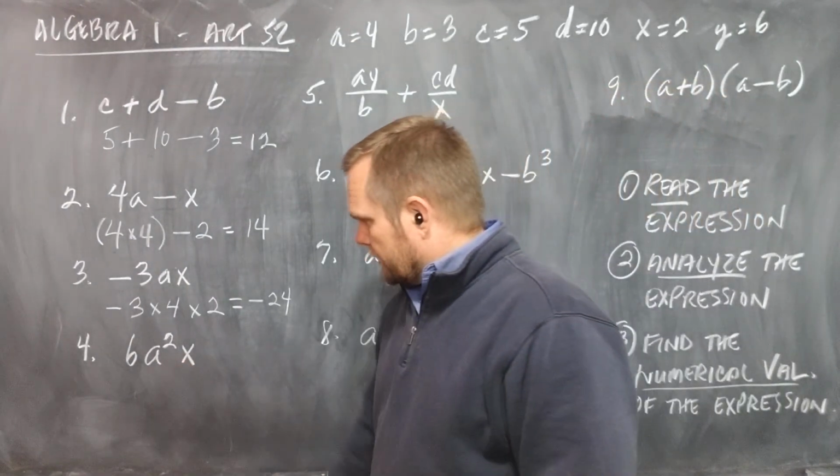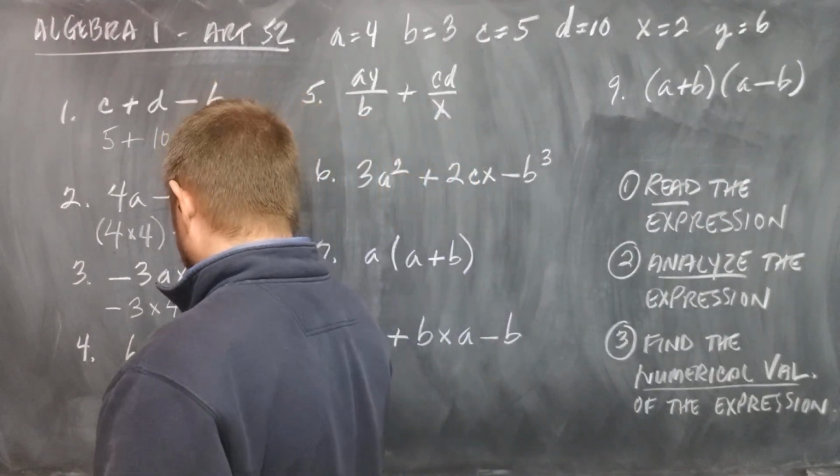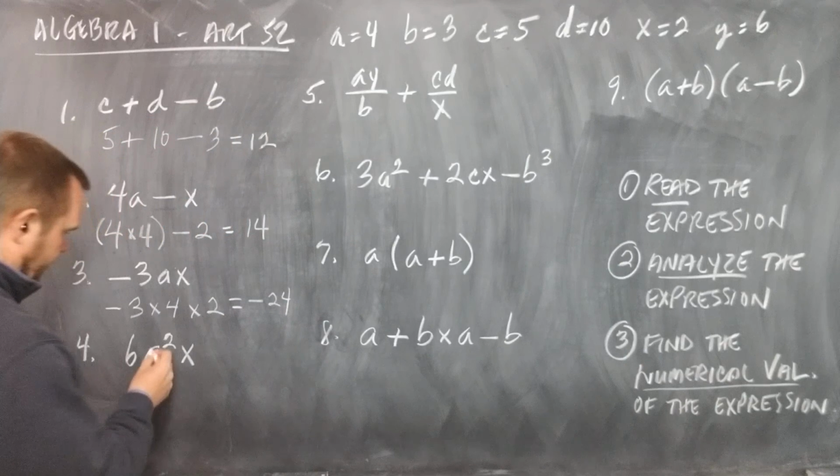So now let's find the numerical value of this expression. We have 6 times a squared.